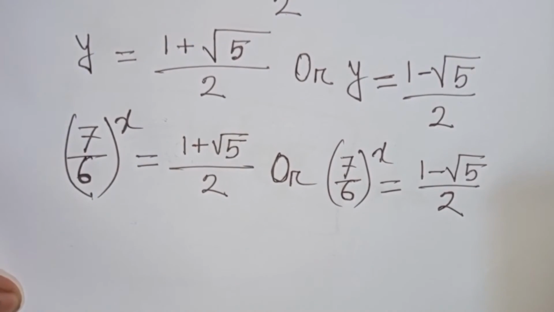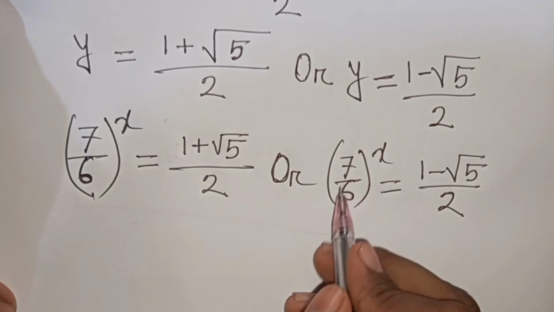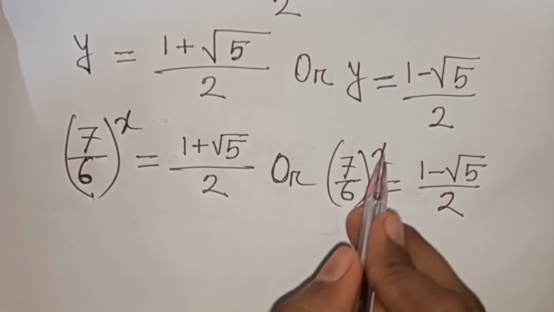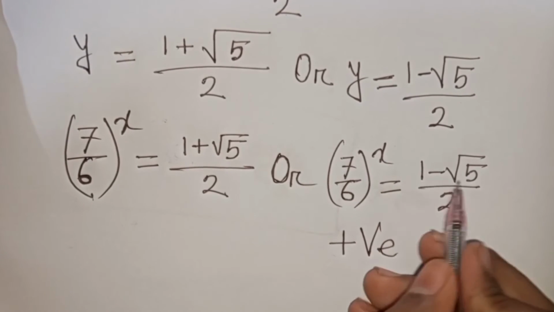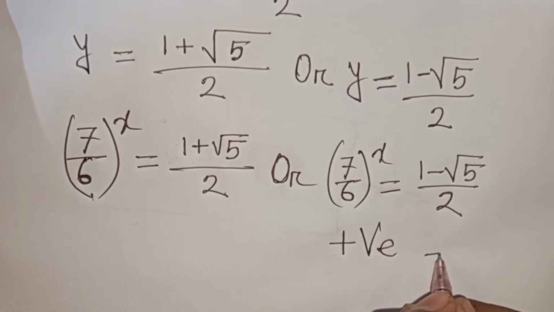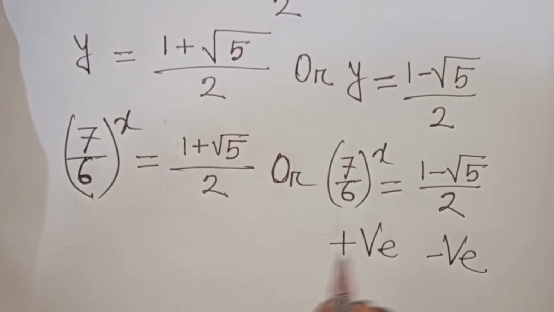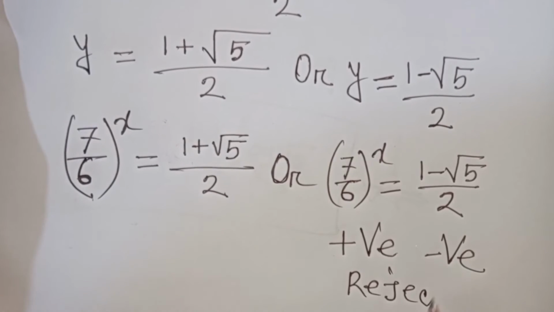Now attention here: 7 over 6 bracket power any number is always positive, but 1 minus square root of 5 divided by 2 must be negative. So positive cannot be equal to negative, so this is rejected.